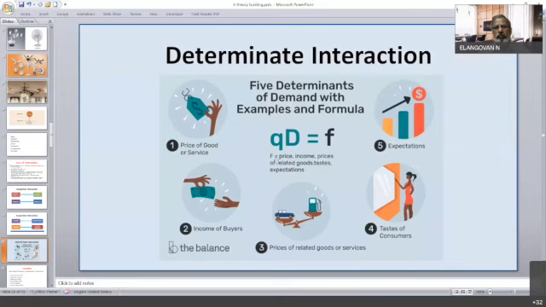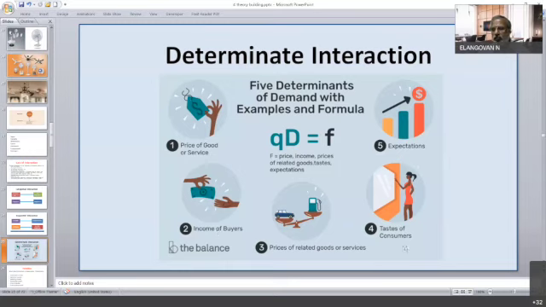Here we are giving an example of demand. In basic economics, many people know what demand is. Demand is a function of so many things. For example, it may be the price of the goods or service. It can be the income of a buyer. It can be the price of a related good or service.